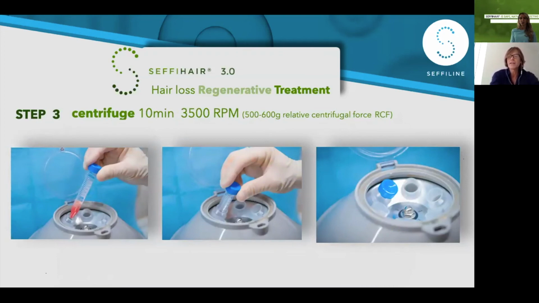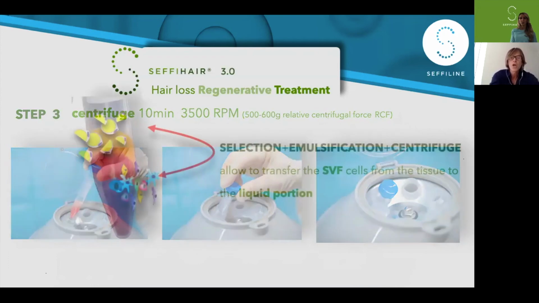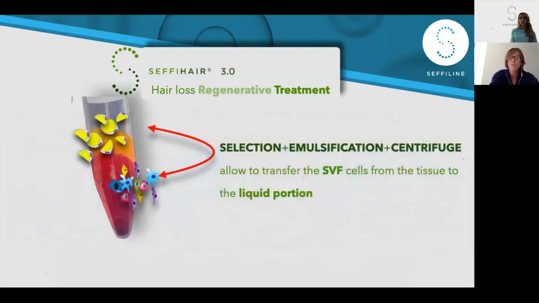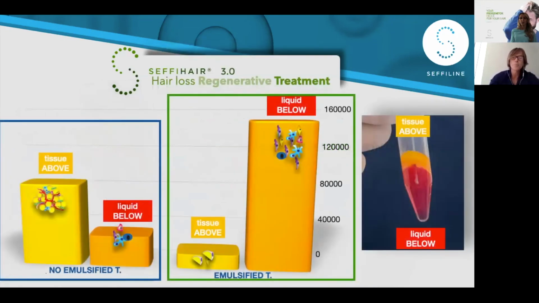You can find the tube inside the SEFFILLER kit, and after the centrifuge, you have the transfer of the stromal vascular fraction cells from the tissue component to the liquid component. This is extremely important, and of course we proved this passage of the stromal vascular fraction into the liquid portion.